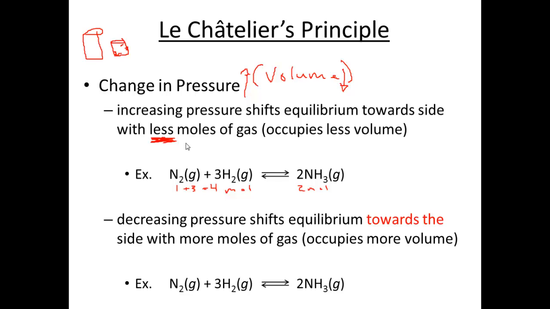So, as we can see right here, we have 1 mole of gas of N2 plus 3 moles of gas from hydrogen. So on our reactants, we have 4 moles of gas. Now on our product side, we only have 2 moles of gas. So if we increase the pressure, we're going to shift to the side with less moles of gas.